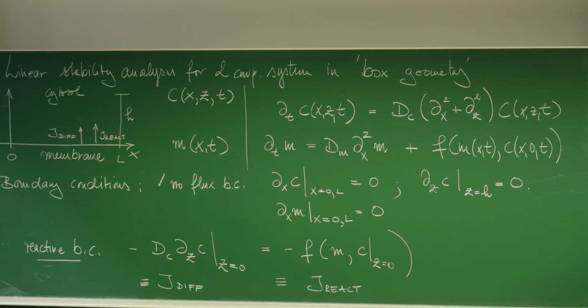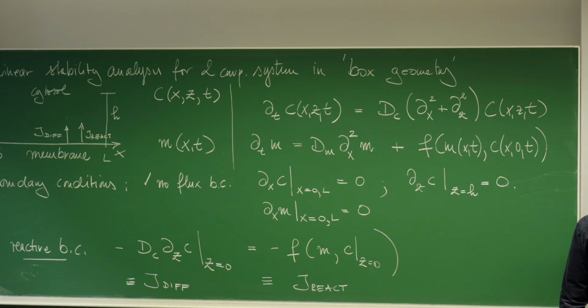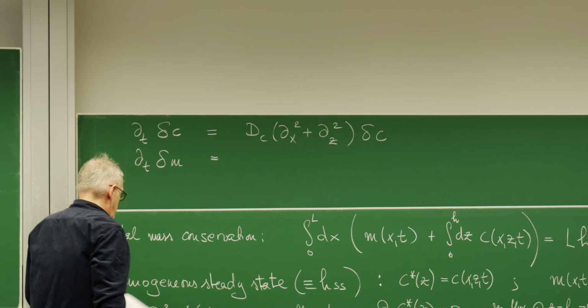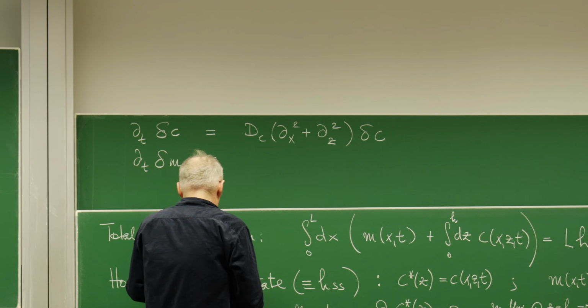So let us write this out. We have the time derivative of the perturbation in the cytosolic concentration is just D_c Laplacian in this deviation. For the membrane concentration, the perturbation of that, same thing.